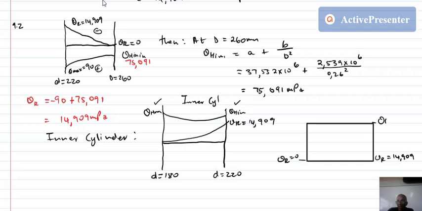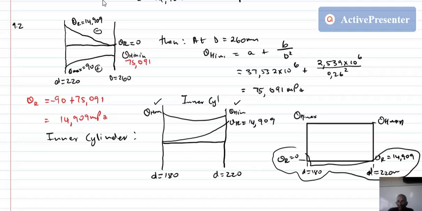So we are looking for the hoop stress minimum. That is the minimum. We look for the hoop stress maximum. The diameter there is 180 and the diameter there is 220. Then because I have the bottom part, I'm going to utilize that bottom part to calculate constants A and B so that I can have the top ones, right?